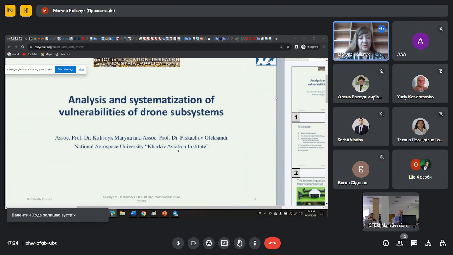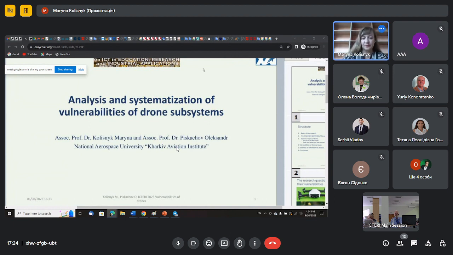Our research topic is the analysis and systematization of vulnerabilities of drone subsystems. Two researchers worked on this, me, Kolisnik Marina, and Piskachev Alexander. We represent the National Aerospace University, Kharkiv Aviation Institute, and Technical University of Vienna.